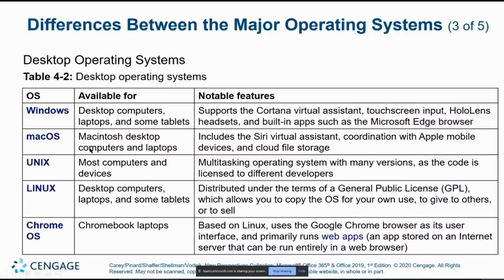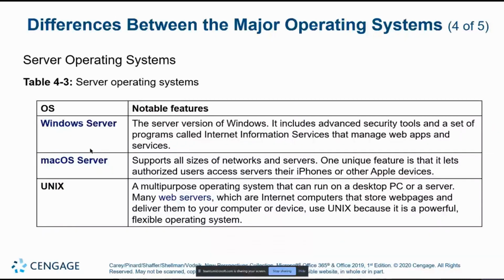And on the other side, those are more client-type operating systems, but you also have your server operating systems. Mac OS and Windows both have theirs, but most web servers, going back to what we talked about in week 2, most web servers are Unix-based simply because of their lightweight nature. They're very flexible, very powerful.